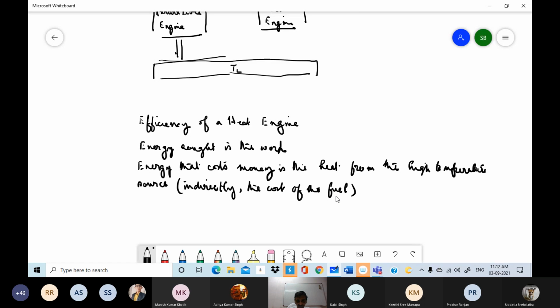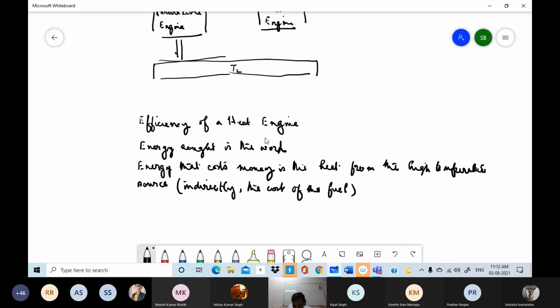Considering examples, if you consider a motor car, what you would like to know is how much driving power you obtain. That is the useful output. So how much brake horsepower you get from the engine, and the cost is how much petrol you have to burn in order to get that.